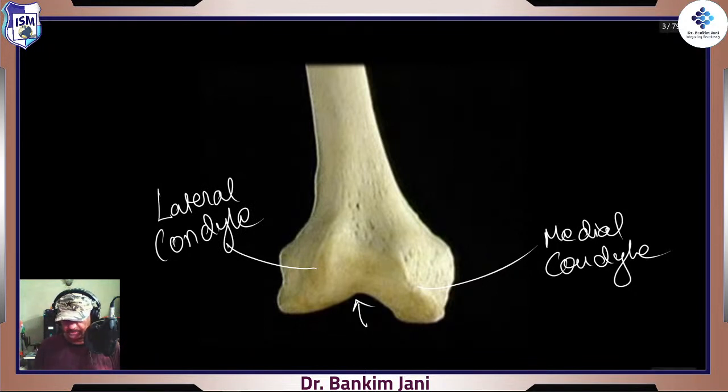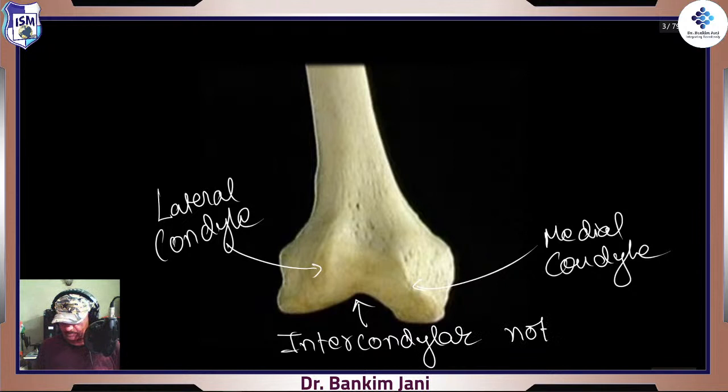And in between these two condyles, we'll call it the intercondylar notch, right? Because it's like a notch, and that's why intercondylar notch. Whenever we use the word inter, as in inter-school competition, inter-college, international, that is between schools, colleges, nations, respectively.